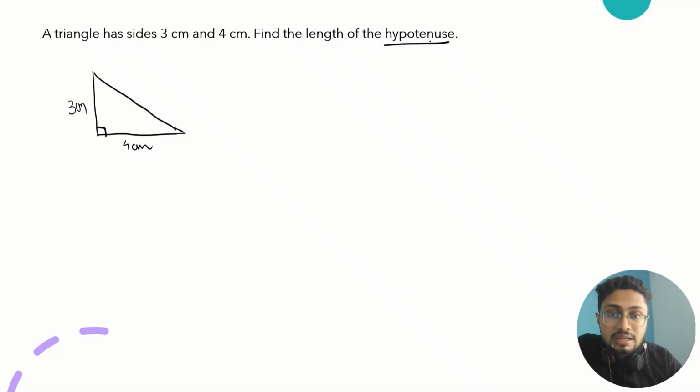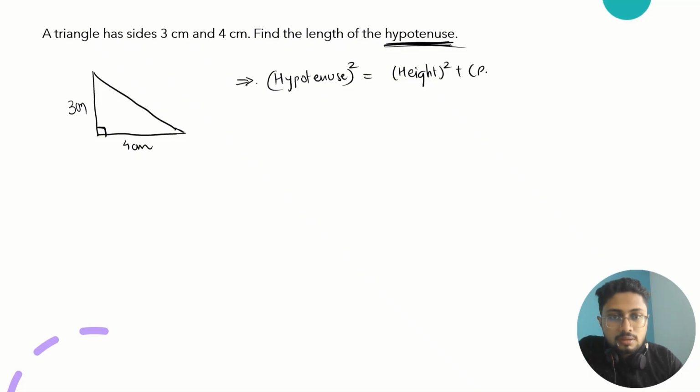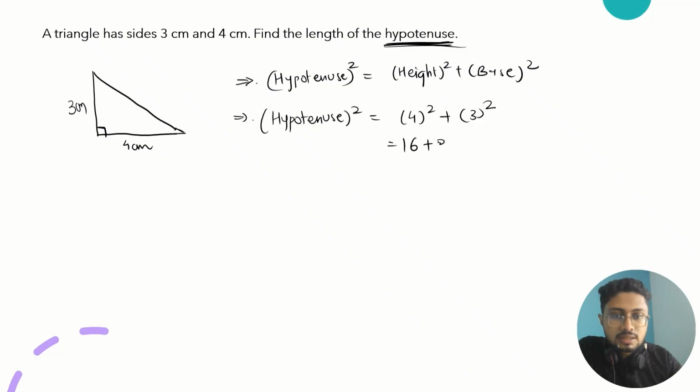But if they have written to find the length of the hypotenuse, it means there is a right angle, and just put the formula: hypotenuse square is equal to height square plus base square. Hypotenuse is what we need to find. Height 4 centimeter, base 3. 4 square is 16, 3 square is 9, whole 25.